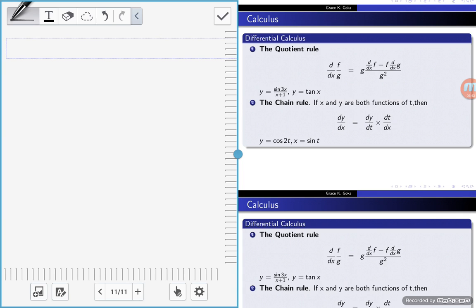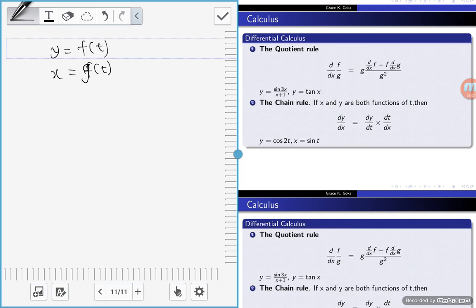What if both are functions of another variable t? Okay, so we have y is a function of t, x is a function of t. Then how do you find dy dx? Differentiate what you've been given. And doing so, it means you're applying the rule called the chain rule.